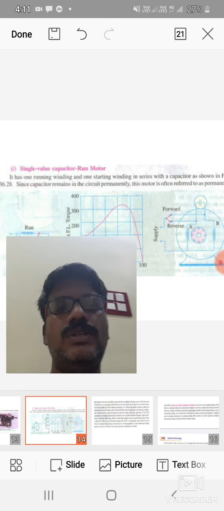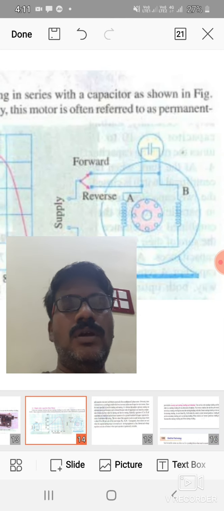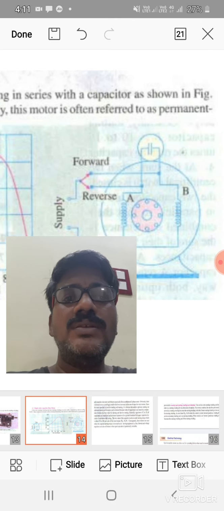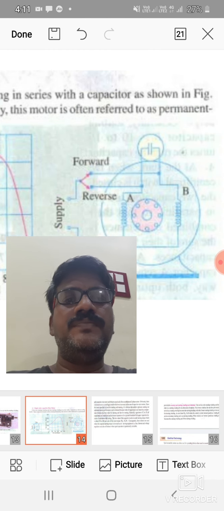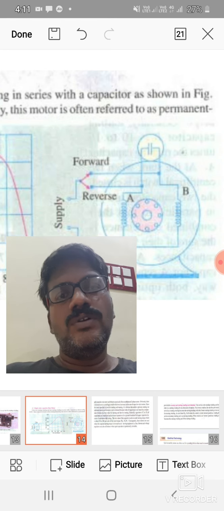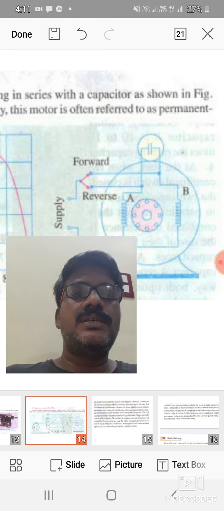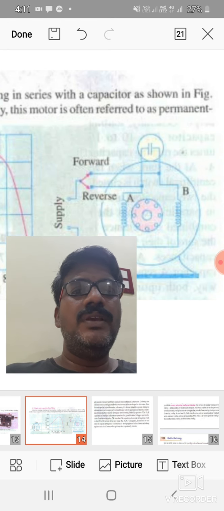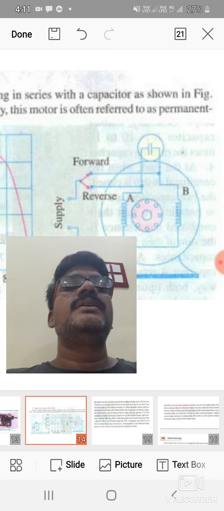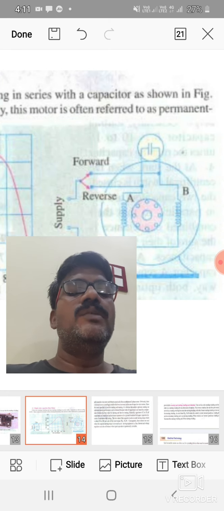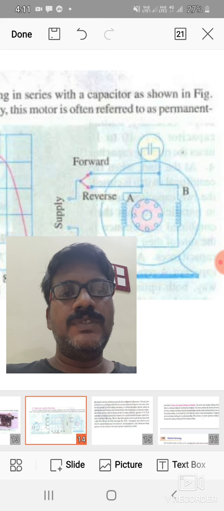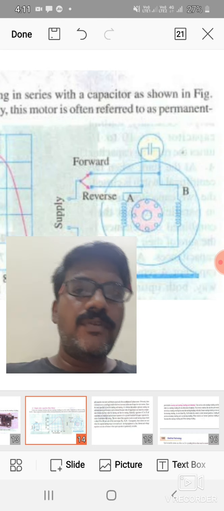So suppose the switch is in the forward direction, in that case B acts as the starting winding and A will be the running winding.